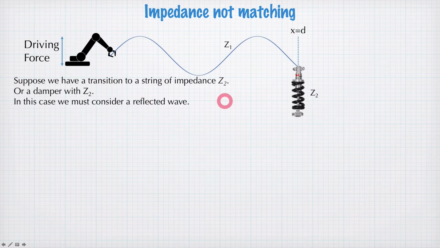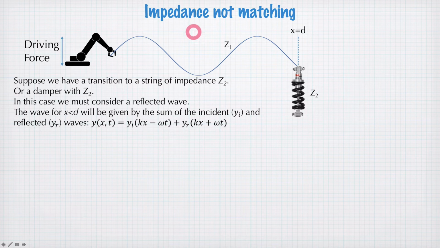Now in this case we've got to consider the possibility of a reflected wave. So in this region here we're going to write the wave as the sum of incident and reflected waves like this, and the incident wave is going in the positive direction because of this negative sign here, and the reflected wave is going in the negative direction because we've got a plus sign here.